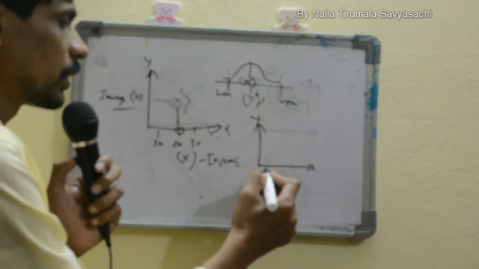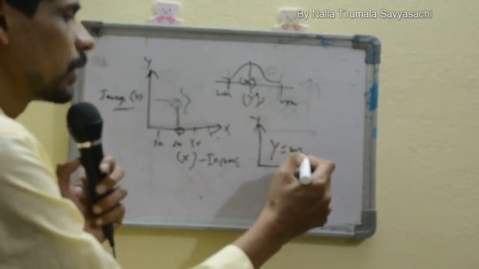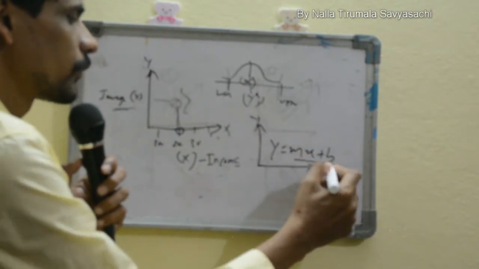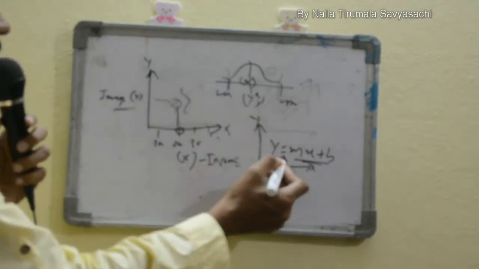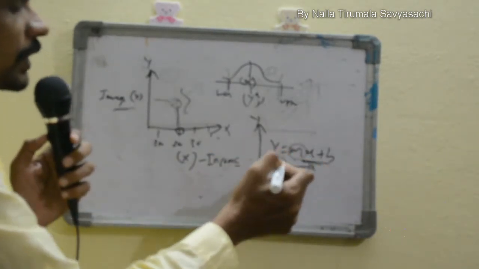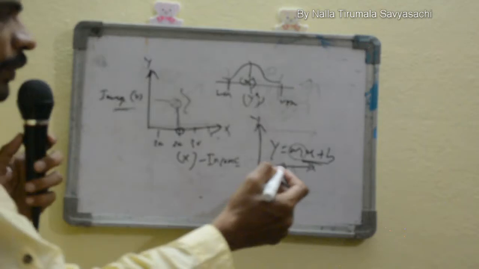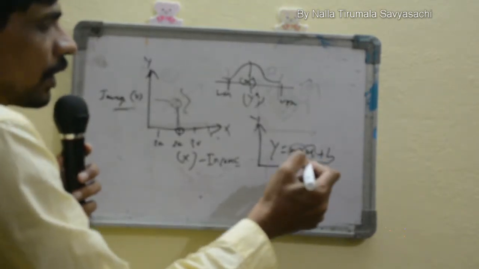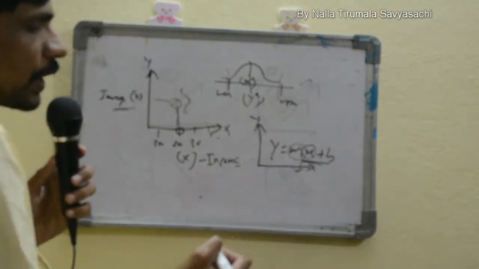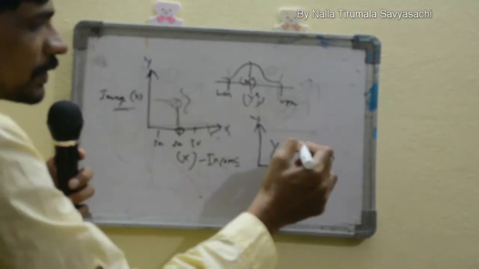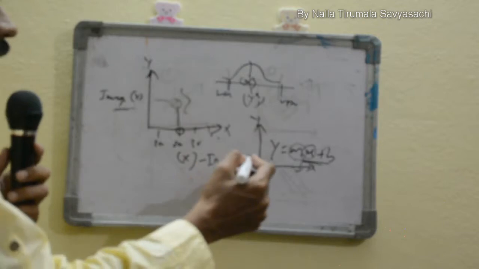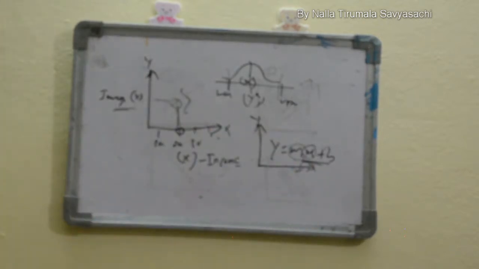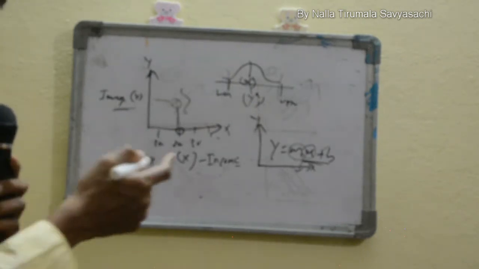The equation of line is y equals mx plus b, where m is the slope of the line, x is the random variable, and b is the intercept, where the line intercepts the axis. This equation we will use in our regression analysis.